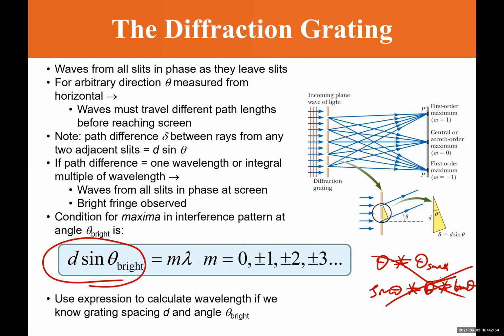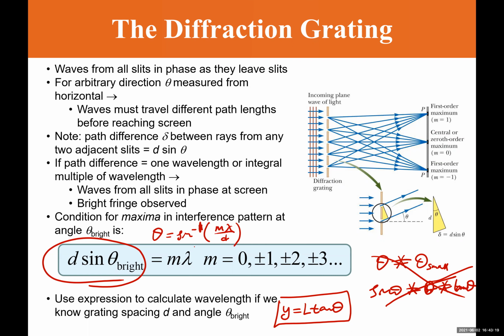That means what you end up with here is always calculating in terms of the sine of theta, and the equivalent, y equals L tangent of theta. So you're stuck with those equations. Yes, you can calculate theta from this equation, for example theta equals inverse sine of m lambda over d. You can do that.